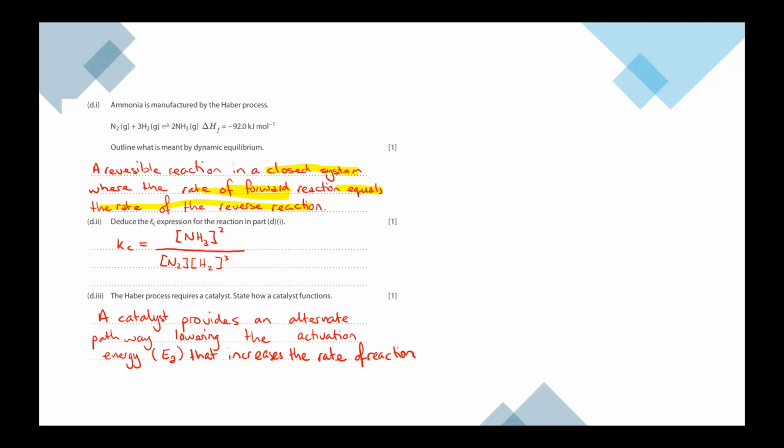That's a better sentence right there. But the marking criteria was just looking that you showed an alternative pathway lowering the activation energy. So you still had to say what it did, but those were the explanation points it was looking for.